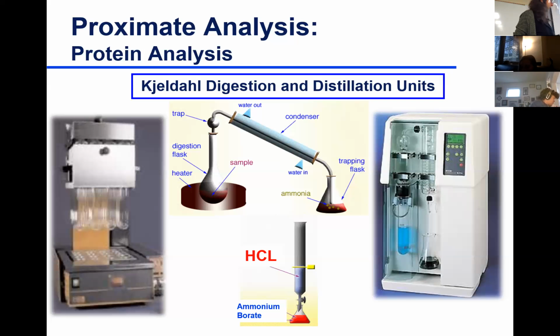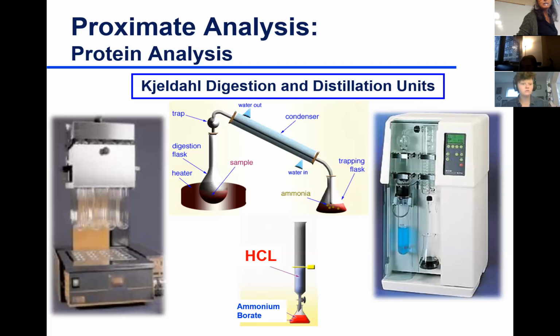As ammonia drips into your flask, you start seeing the pink going to orange, a very light orange, and then to yellow. Then you know you've trapped your ammonia, and now you have ammonium borate. You take that flask and you titrate with HCl, a standardized 0.1 normal HCl, and you titrate to get the pink color back.